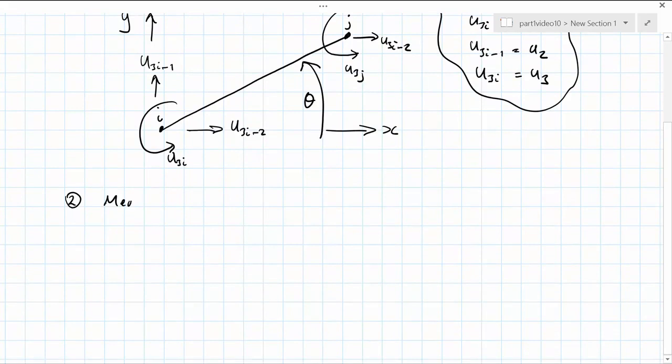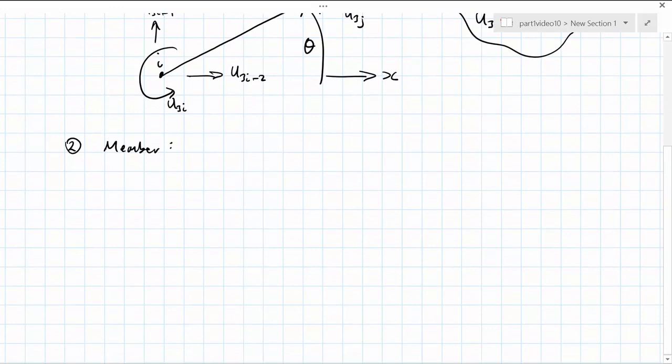At the member level, so this is where our axes are parallel to the element, we have the following local element freedoms.